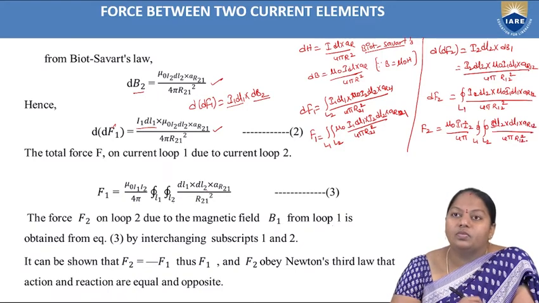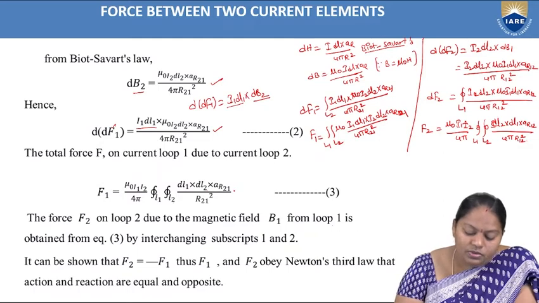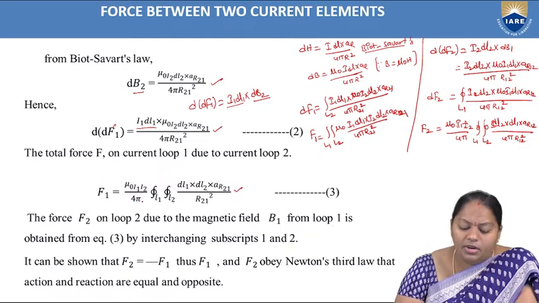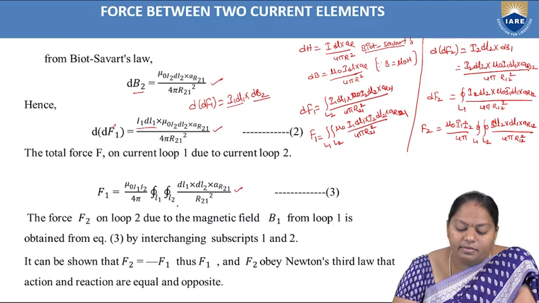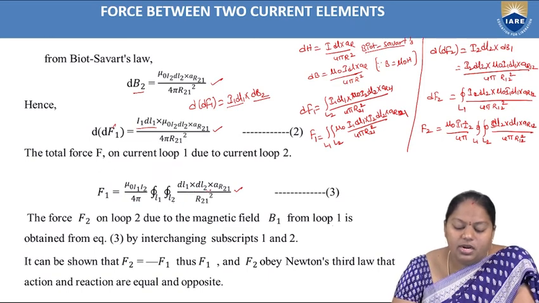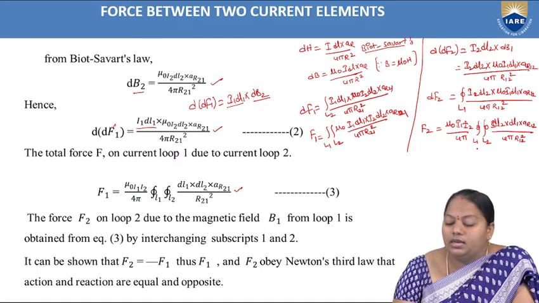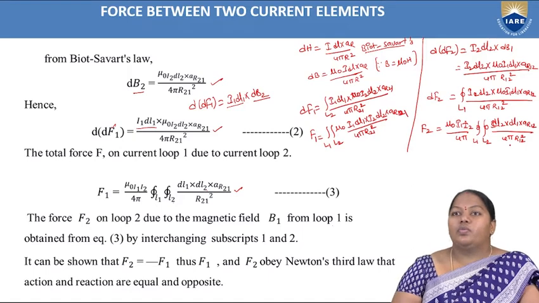Right? So here if you observe F1, it is μ0 I1 I2 by 4π closed line integral over L1 and L2 of dl1 into dl2 into aR21 by R21 squared. Similarly, F2 is μ0 I1 I2 by 4π integral over L1 and L2 of dl2 into dl1 into aR12 by R12 squared.